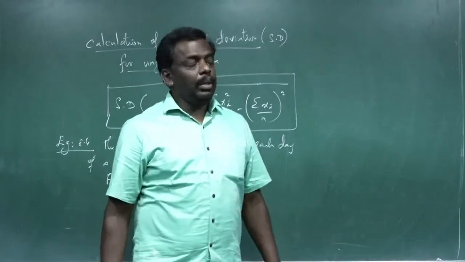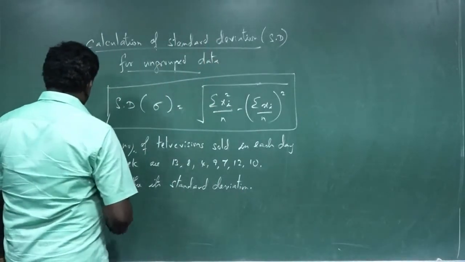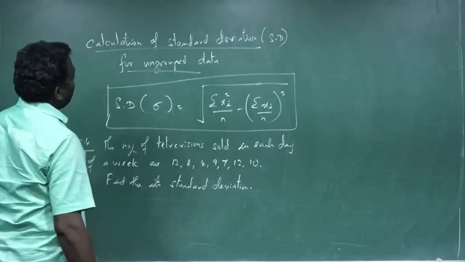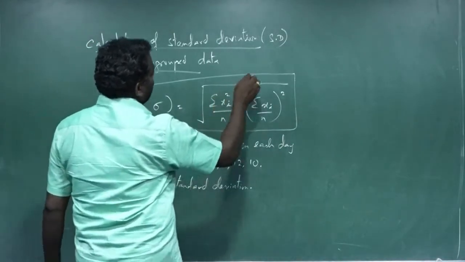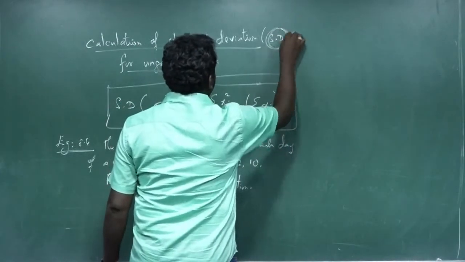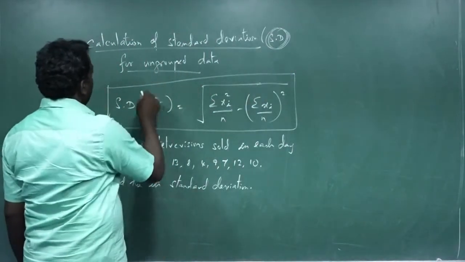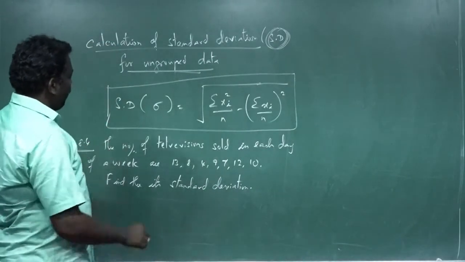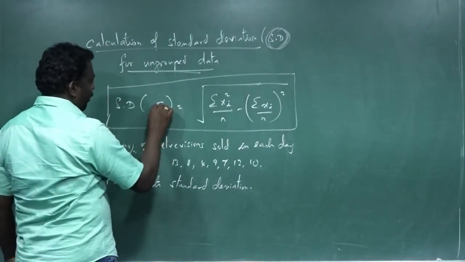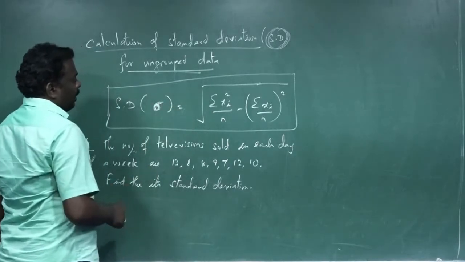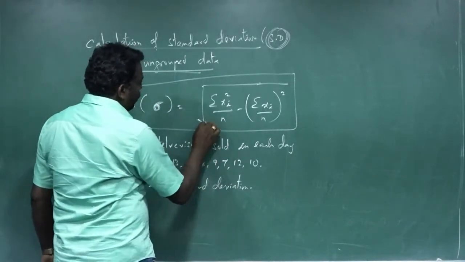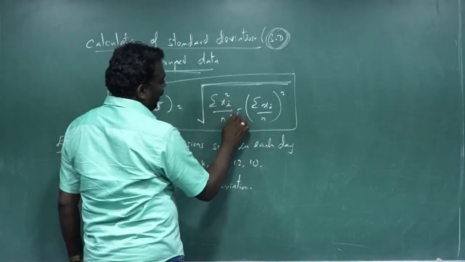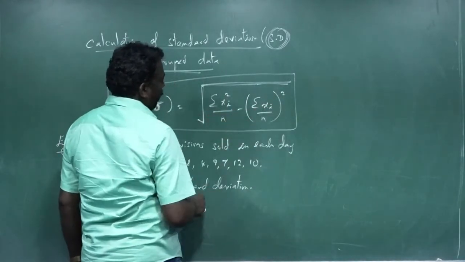Come to the next example, 8.4. Before that, we have to see the formula for calculation of standard deviation, defined by SD, for ungrouped data. Standard deviation is defined by sigma, equal to the square root of summation xi square by n minus summation xi by n, whole square.